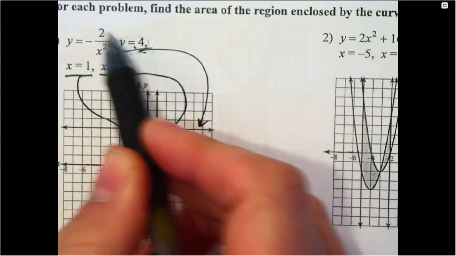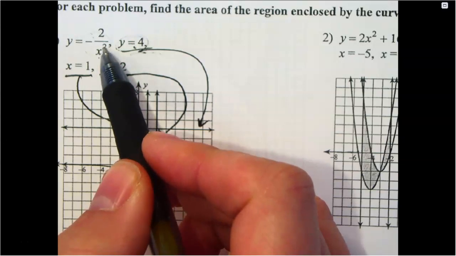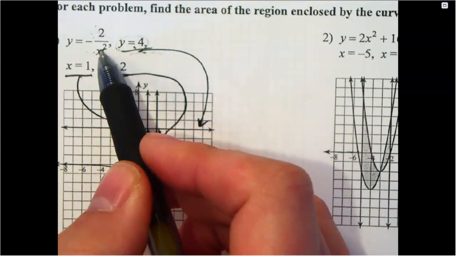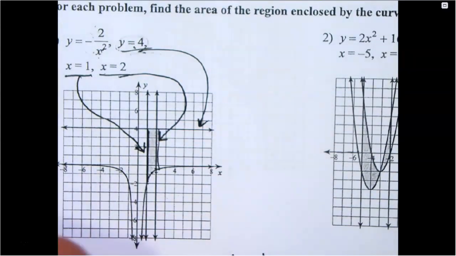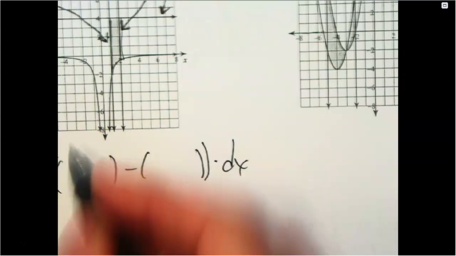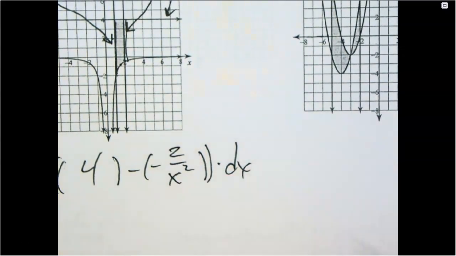And if I plug 1.5 into this equation for x, 1.5 squared is 2.25, so 2 divided by 2.25 is a little smaller than 1. So which one's on top? The 4, because the 4 is bigger than a little smaller than 1. I think it's not too hard on this one, but I'm going through it because sometimes it is.